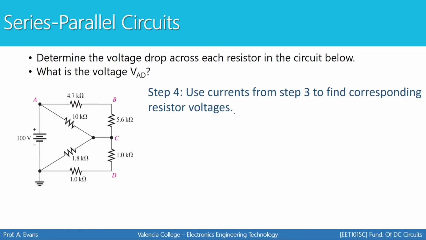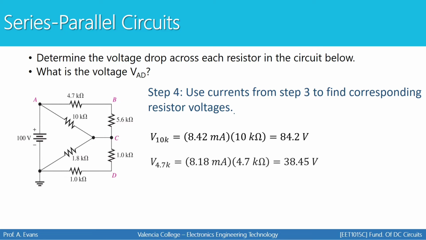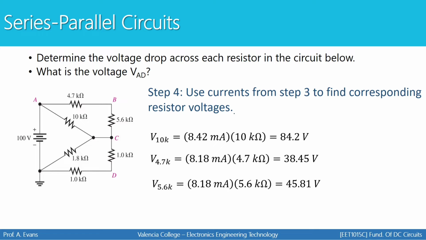Now we can use the currents from the previous step to find the resistor voltages for the 10K, the 4.7K, and the 5.6K. You're just going to use Ohm's Law. So you're going to have V equals I times R. Take the current through each resistor multiplied by its resistor value.